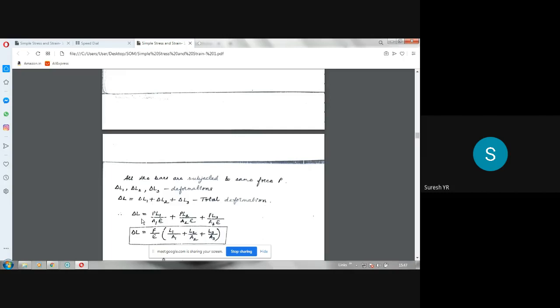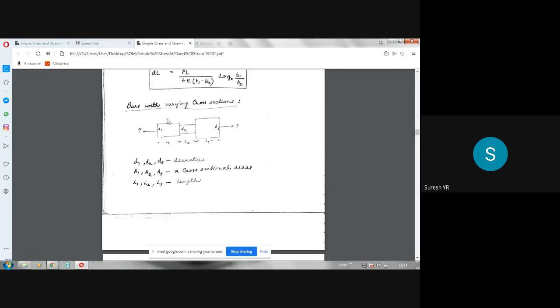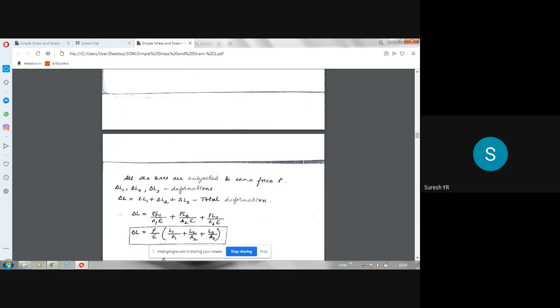In that case, see here, delta L. If you substitute for delta L1, this first portion is a uniform bar. The formula is PL by AE, which is the formula for finding the elongation of a prismatic or uniform bar. So L is replaced by L1, P is P only, and A is replaced by A1, so P into L1 divided by A1 into E. I have written it here.